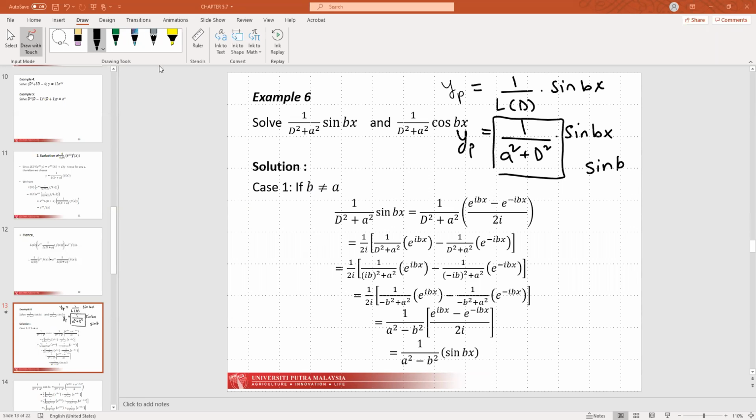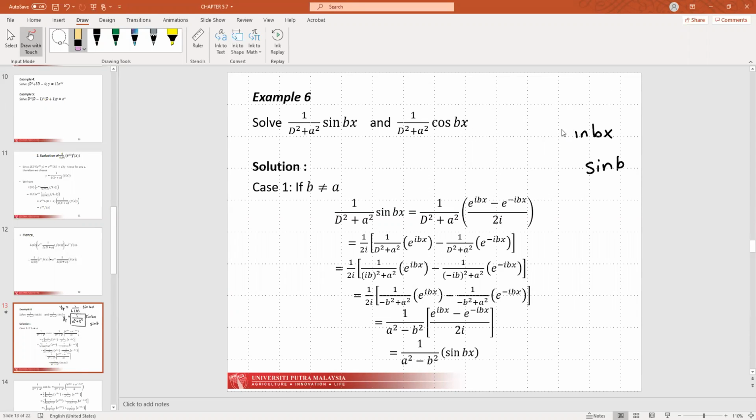Okay. Yang ni untuk inverse operator. So let's do it again. Saya ulang balik. Okay, let's say selepas beberapa evaluation, saya buat yp equals to 1 over L of D plus A, right?